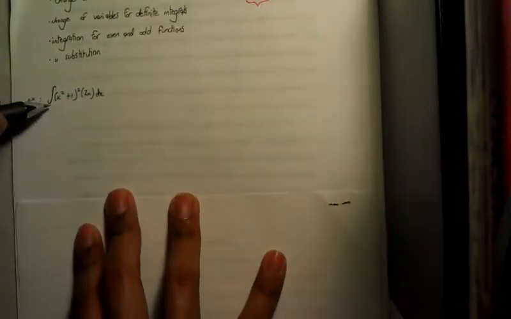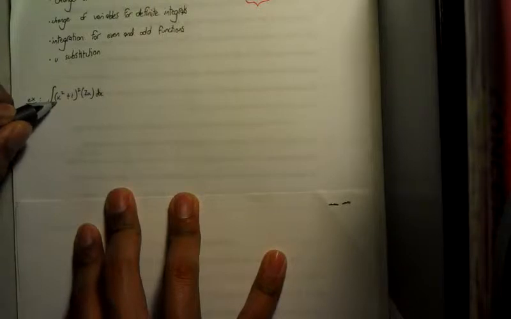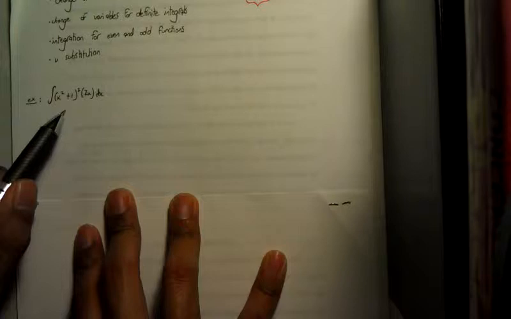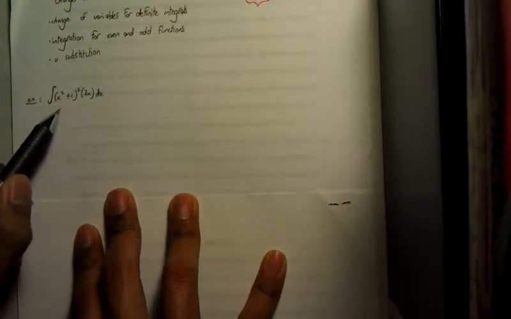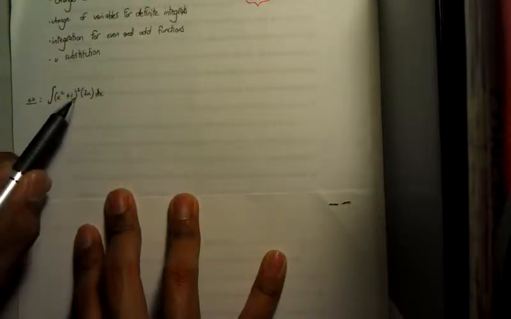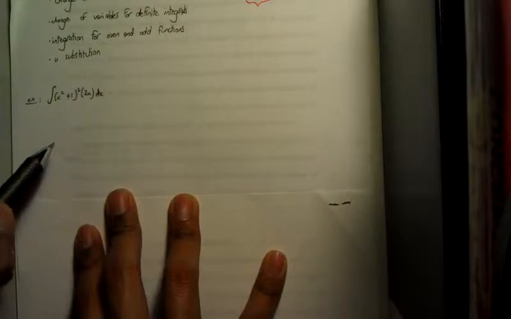The first example, find the integral of (x squared plus 1) squared times 2x dx. So the first thing you want to look for is that you see a function inside a function, so it's x squared plus 1 inside essentially x squared, so you're going to look to make a U substitution.